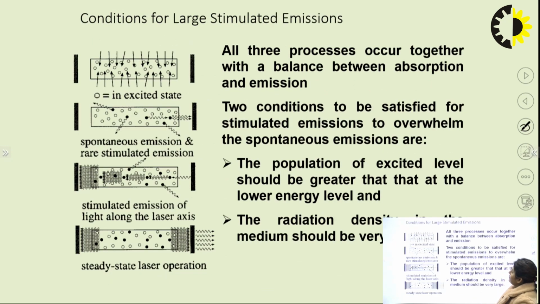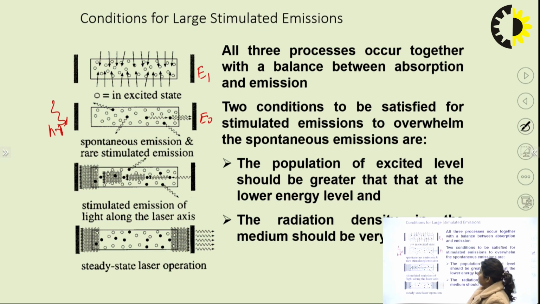This particular slide shows the condition for large stimulated emission, because we require large stimulated emission. Initially the electrons are in the lower energy level, which is E0, but after some time, when more photons are incident on the lower energy level and are absorbed by the electrons, they move towards the high energy level, or are excited to it.